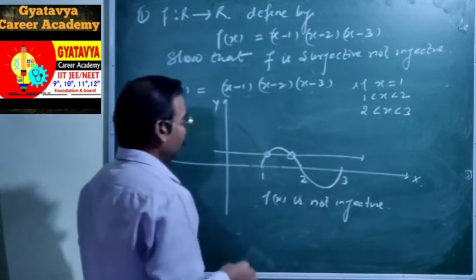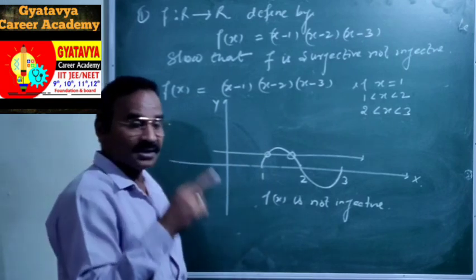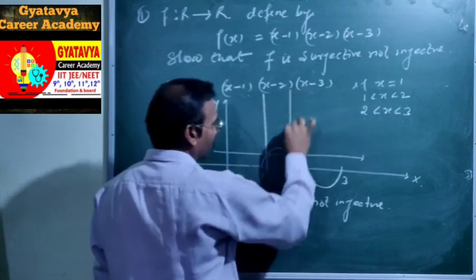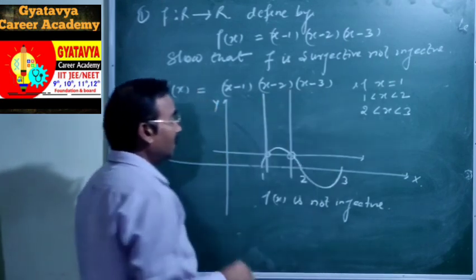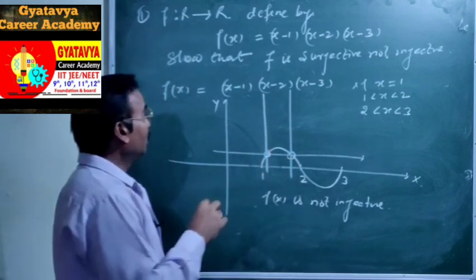Now if we draw a line parallel to the y-axis, there is only one point on the curve.